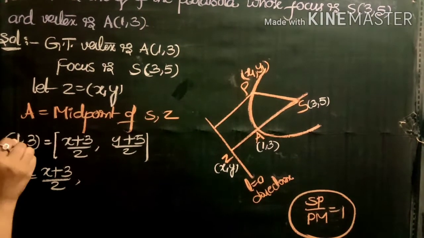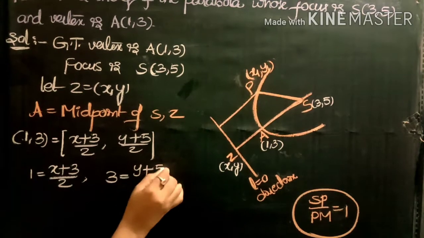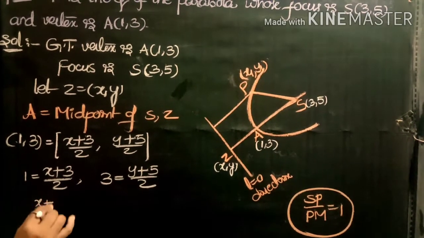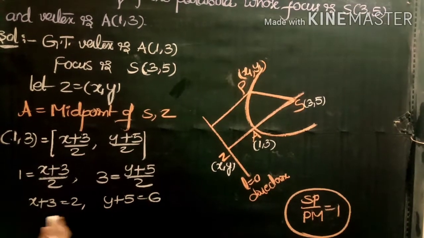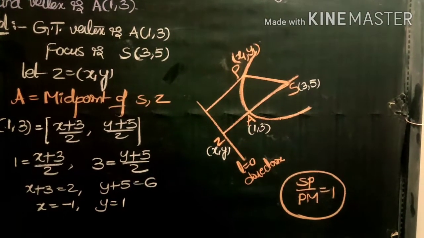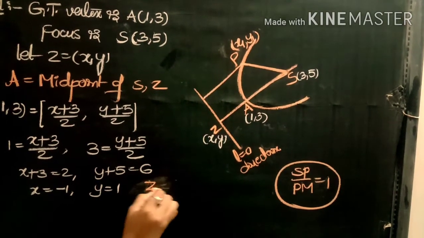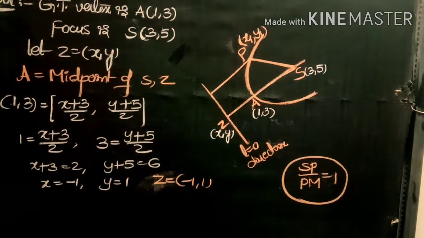Equating the corresponding coordinates, 1 is equal to (x plus 3) by 2 and 3 is equal to (y plus 5) by 2. Then x plus 3 is equal to 2 and y plus 5 is equal to 6. That is x is equal to minus 1 and y is equal to 6 minus 5, which is 1. Therefore, the coordinates of Z are (minus 1, 1).